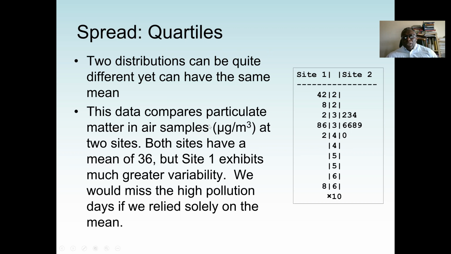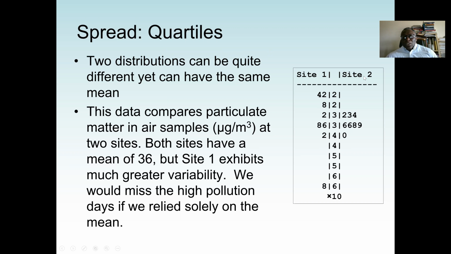This data compares particulate matter in air samples, in micrograms per meter cubed, at two sites. Both sites have a mean of 36, but we can see that site 1 exhibits much greater variability. We can see how the data is spread. Site 1 goes from 22 up to 86.